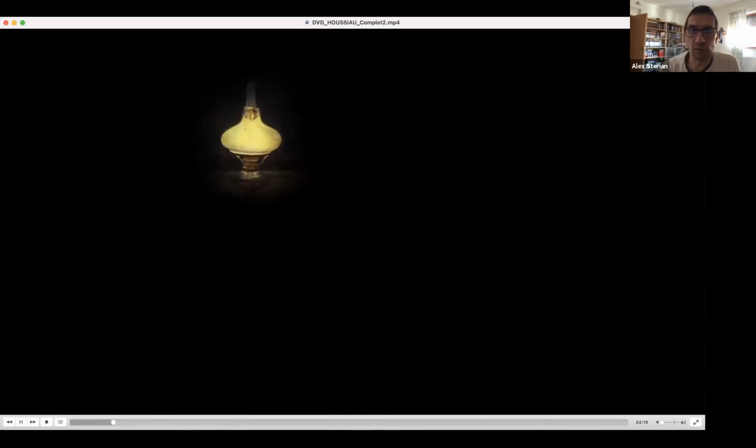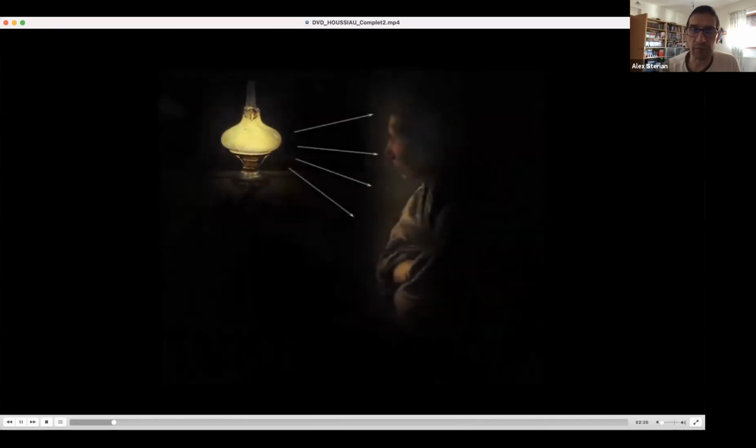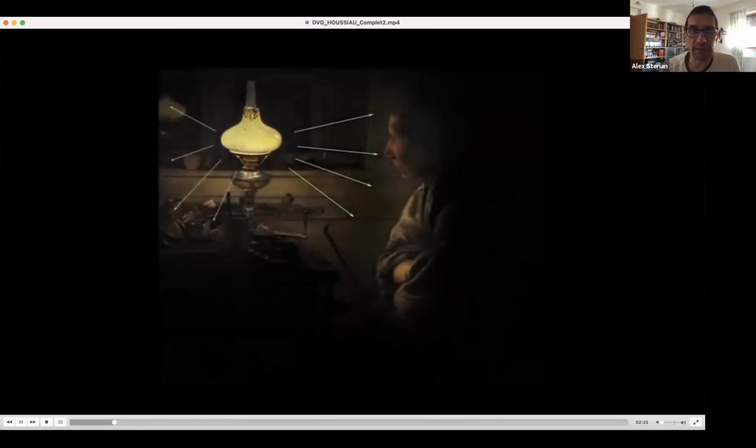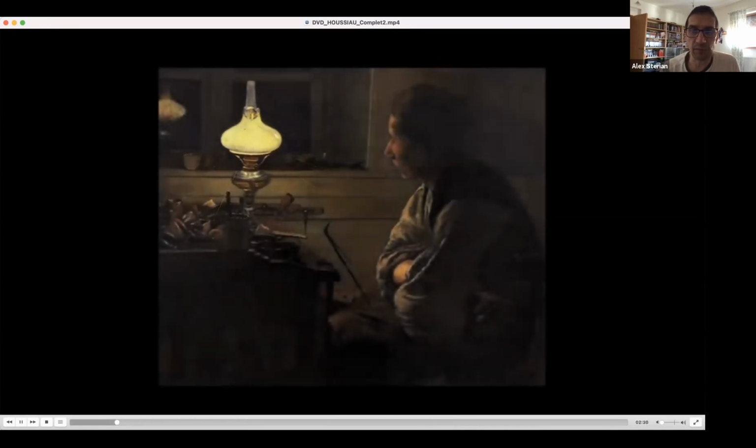So, of course, as a basic rule in physics, the distance from the source will affect how the intensity is changing.